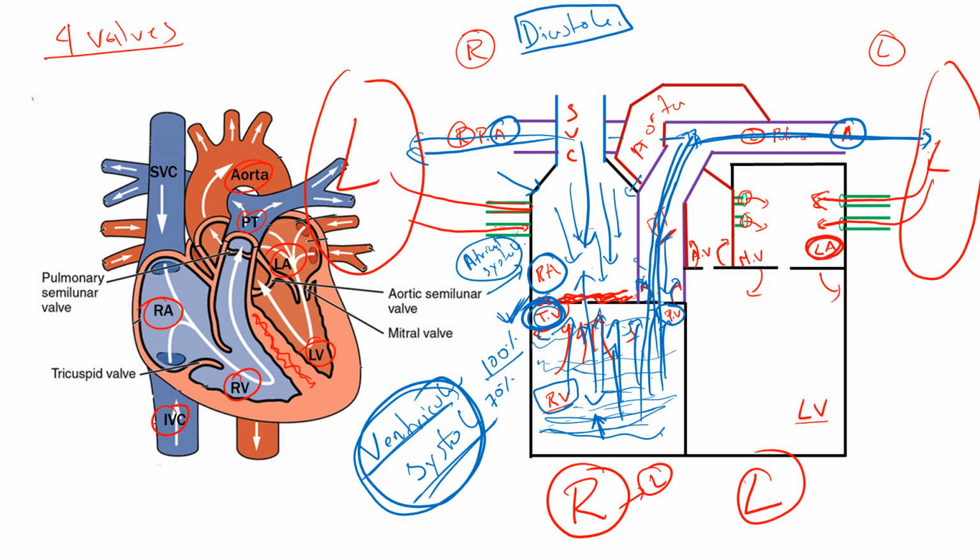So we have 4 openings in the left atrium, 2 for the left pulmonary veins, and the other 2 for the right pulmonary veins. And even though they transport oxygenated blood, even though they look red, they're still veins because they're dumping blood from other parts, in this case from the lung, into the heart.